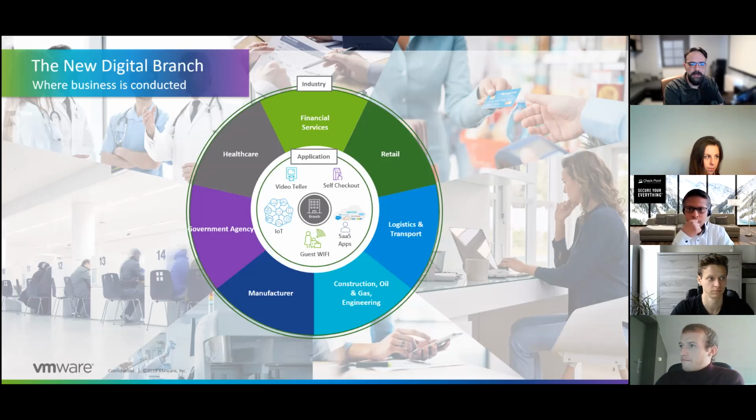So there's really no specific vertical where SD-WAN is more or less relevant. We see this all over the board. We see a tremendous change in how those branches are being leveraged.